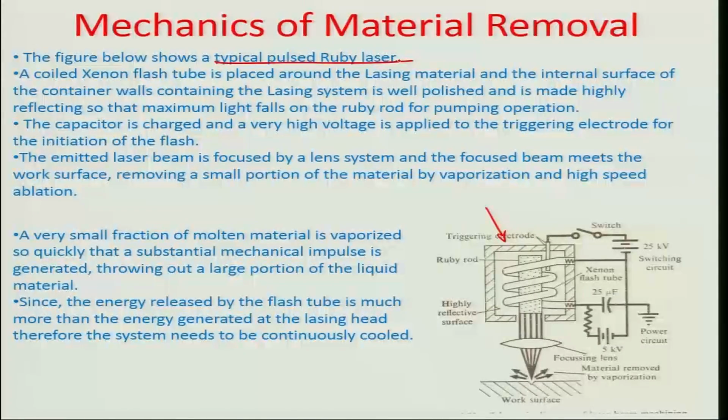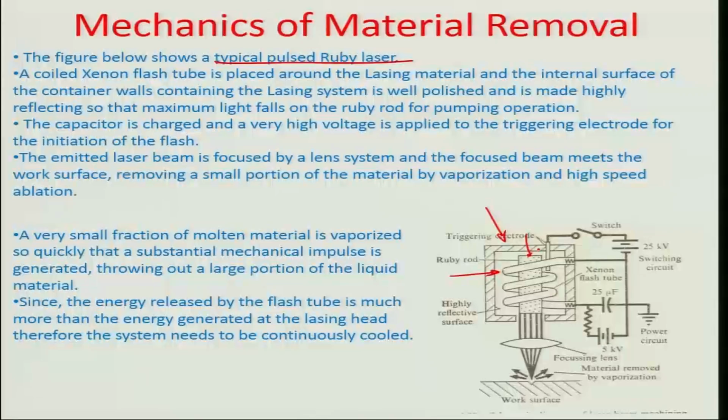The xenon flash tube power is very high, and it can substantially convert the ruby medium into an inverted source.